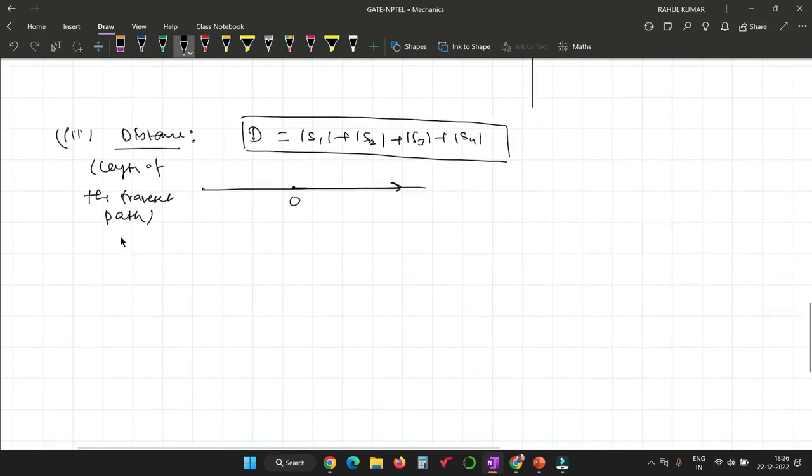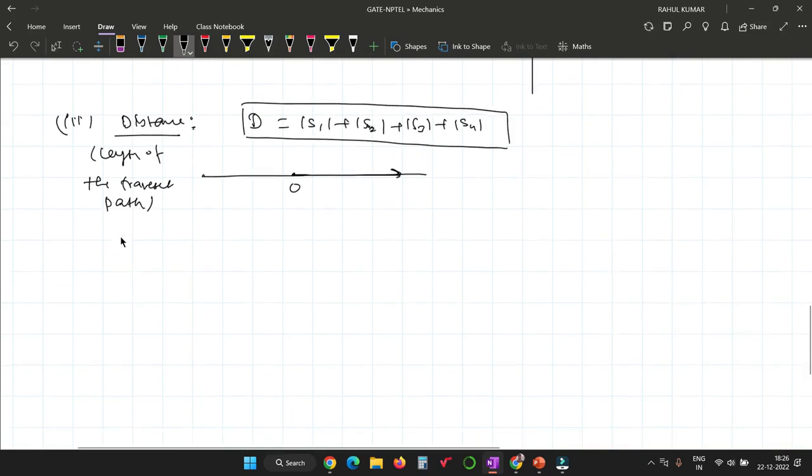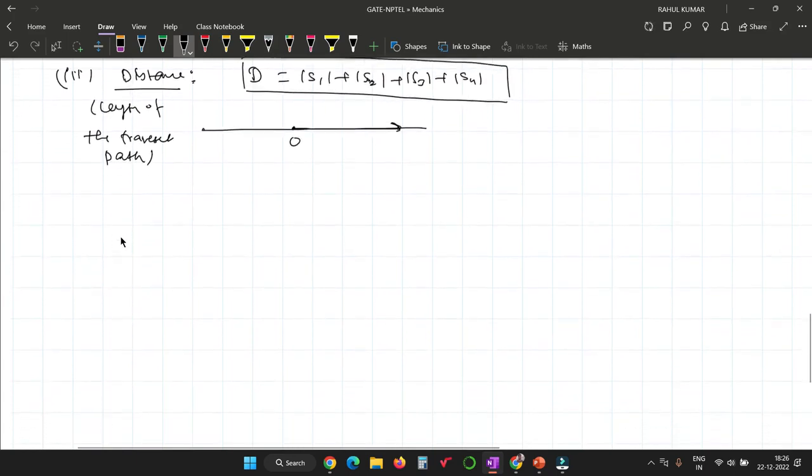Since I am talking about rectilinear motion, that's why I am saying it like this. But if the motion is curvilinear, then the distance is nothing but the arc length, the length of each arc at different intervals of time. Okay, so this is the distance.